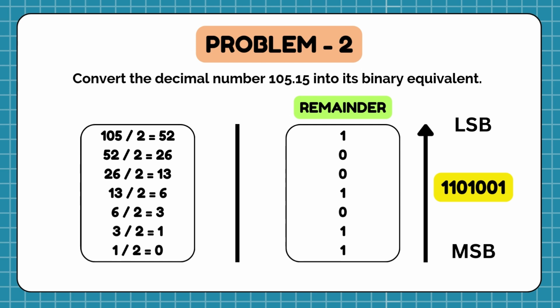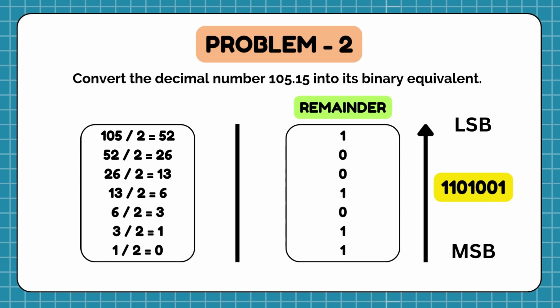Let's break it down. 105 divided by 2 gives 52 with a remainder of 1. 52 divided by 2 gives 26 with a remainder of 0. 26 divided by 2 gives 13 with a remainder of 0. 13 divided by 2 gives 6 with a remainder of 1. 6 divided by 2 gives 3 with a remainder of 0. 3 divided by 2 gives 1 with a remainder of 1.